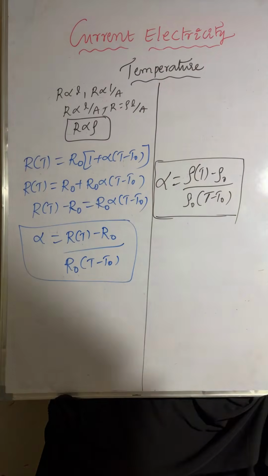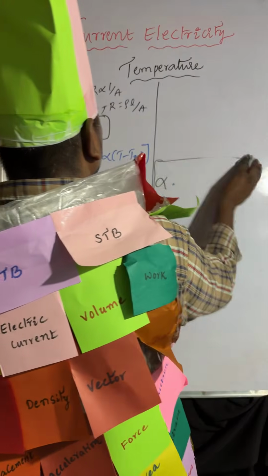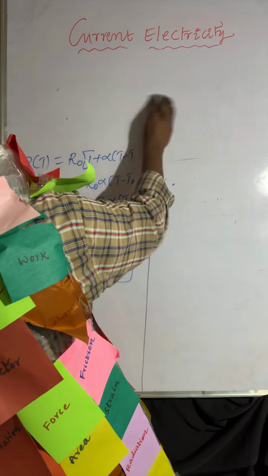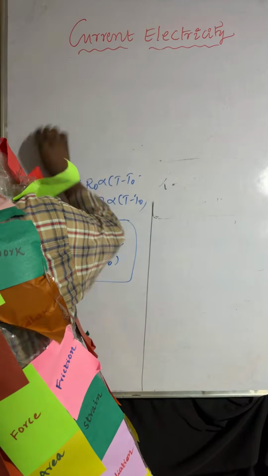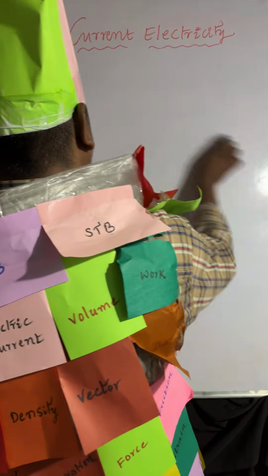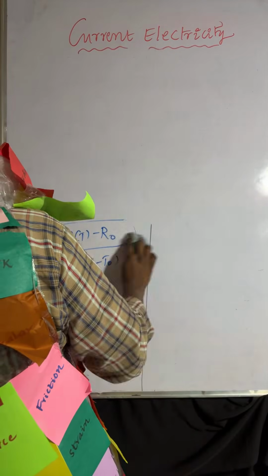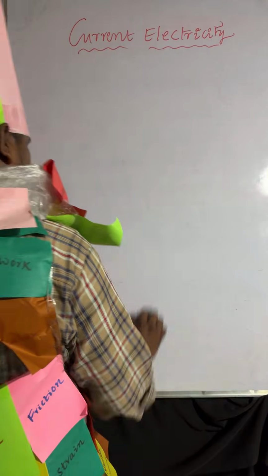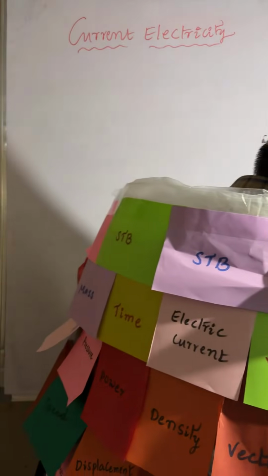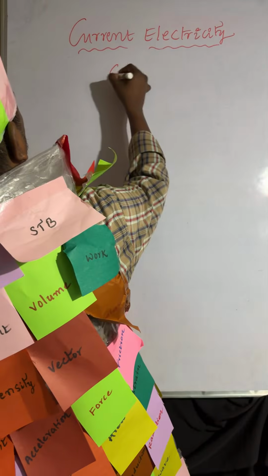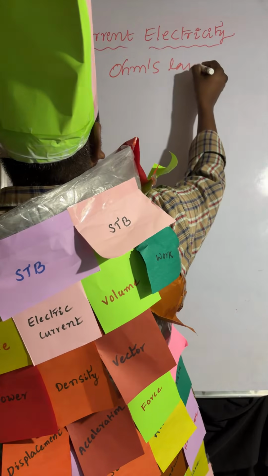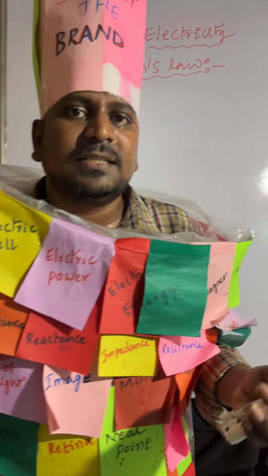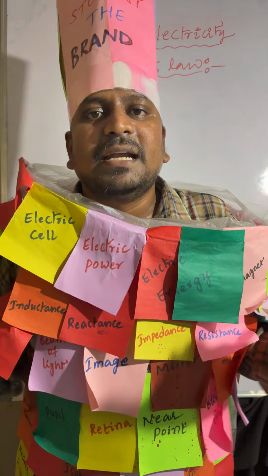So Ohm's law is nothing but the potential difference across the ends of a metallic conductor.